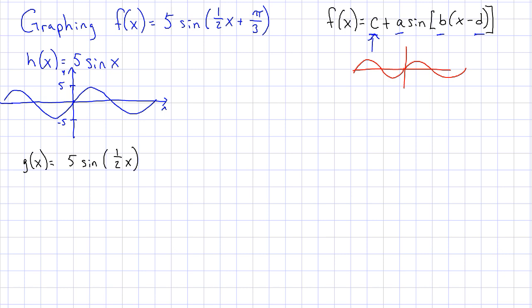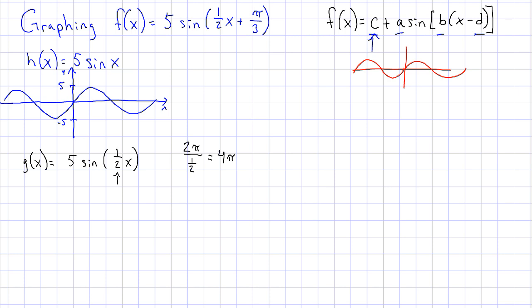I'm looking at each component individually and seeing what it does. This number here, this b value that's inside, changes my period. The standard period for sine is 2 pi. In order to find my new period, I divide 2 pi by 1/2. When I divide by 1/2, I multiply by the reciprocal, so I end up with 4 pi.